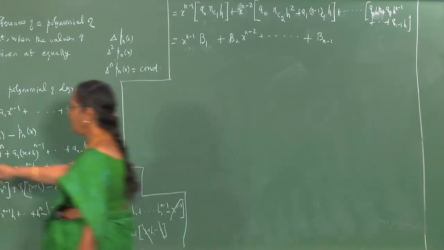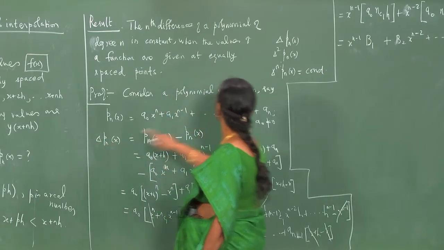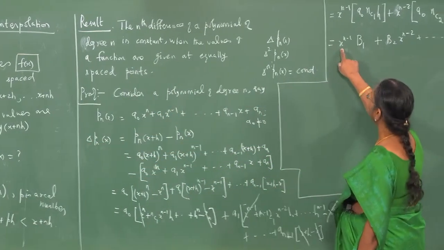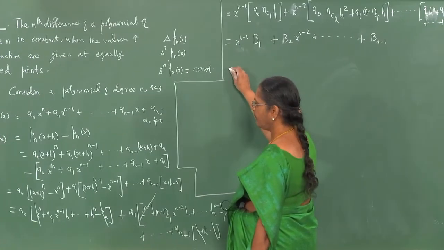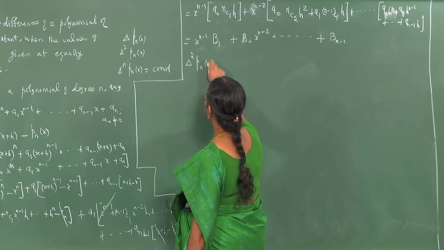So, a polynomial of degree n, when you consider the first order difference, comes out to be a polynomial of degree n minus 1. I shall apply now the second order difference.